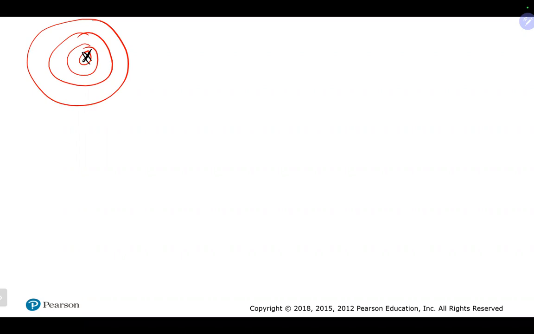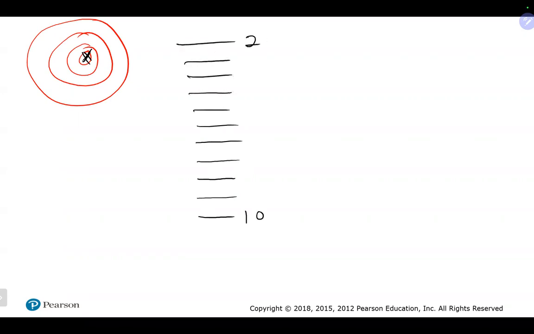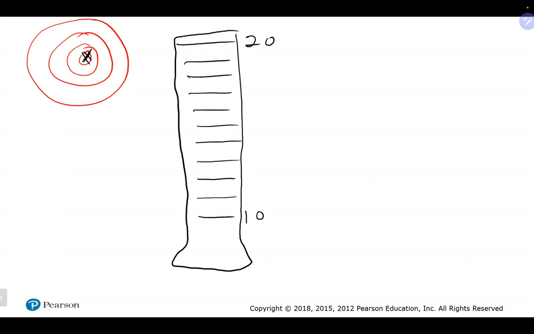So continuing on with our measurements here, let's say we had a graduated cylinder here.